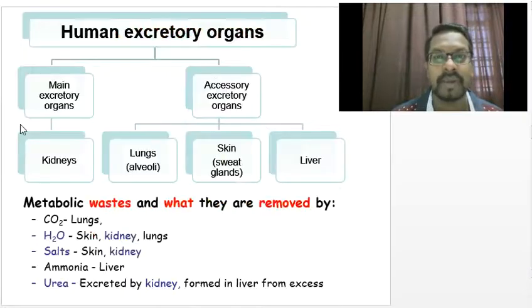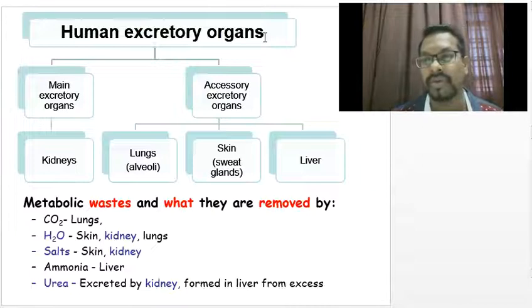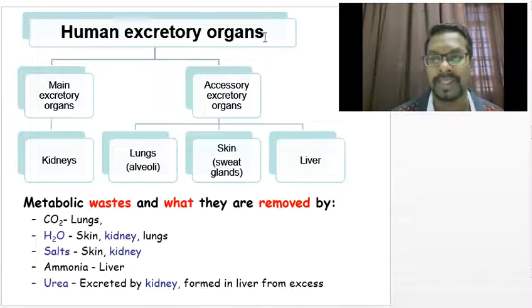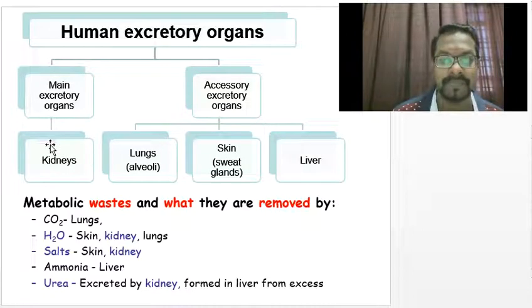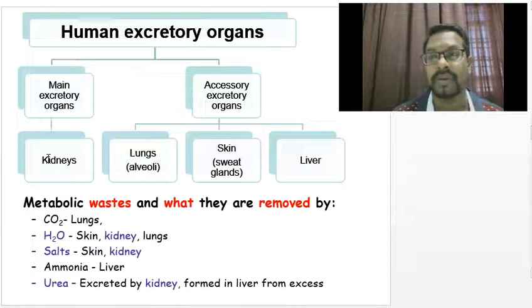Next, human excretory organs. This one also, if you look at your course book, it's not there. I've broken it according to unit, so here I put it together for you to understand. Our main excretory organs are your kidneys. You should have two by default. If you have one, then something is wrong.